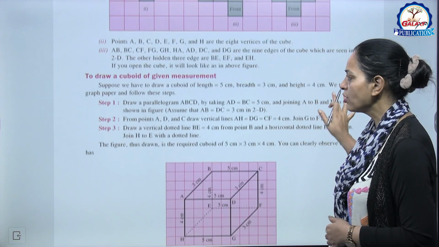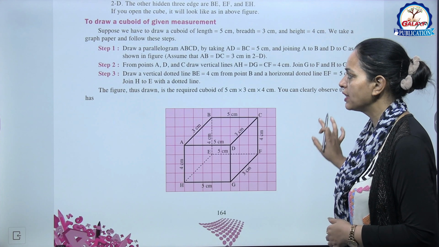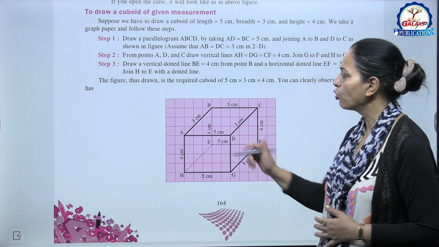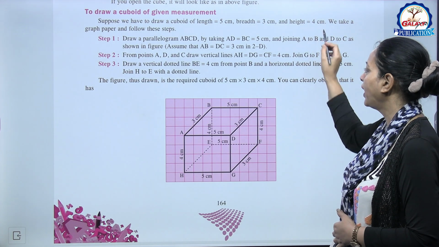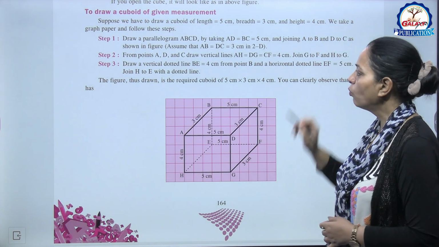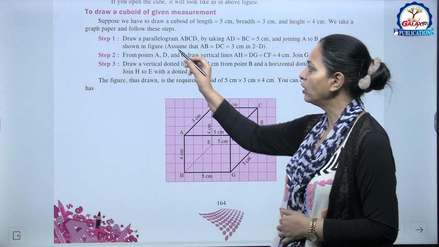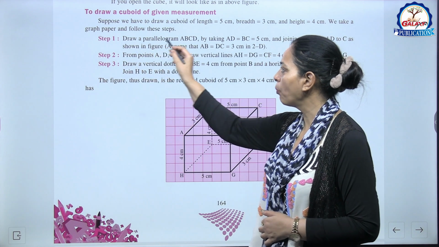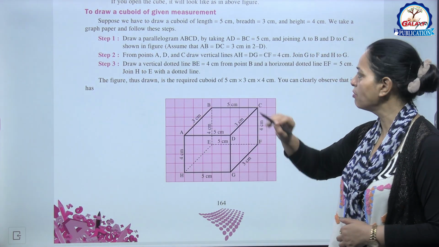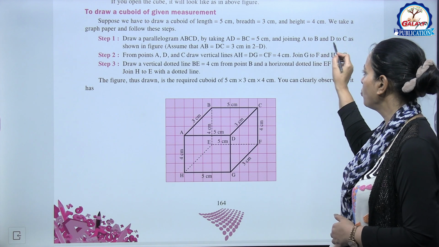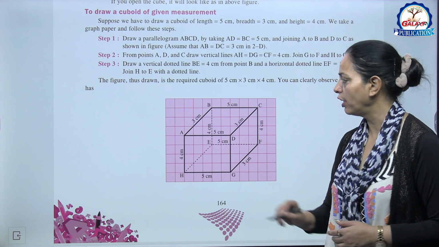Now the next is to draw a cuboid of given measurement. Suppose we have to draw a cuboid of length 5 cm, breadth 3 cm and height 4 cm. We take a graph paper and follow these steps. Step 1: draw a parallelogram ABCD by taking AD and BC as 5 cm and joining A to B and D to C as shown in the figure.